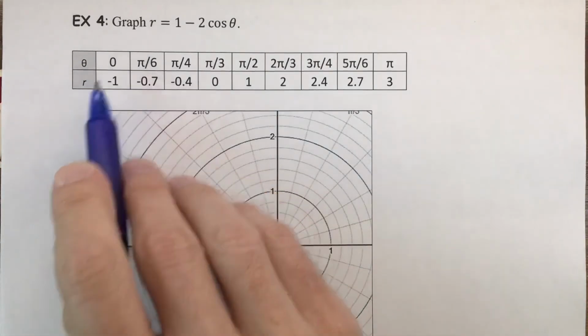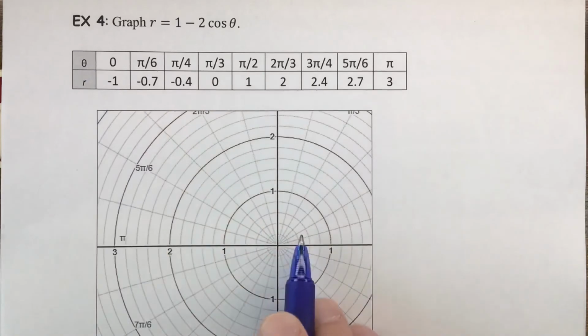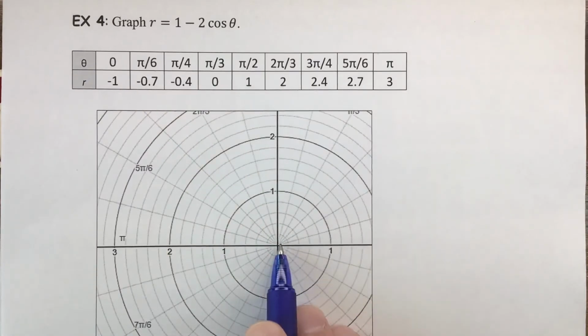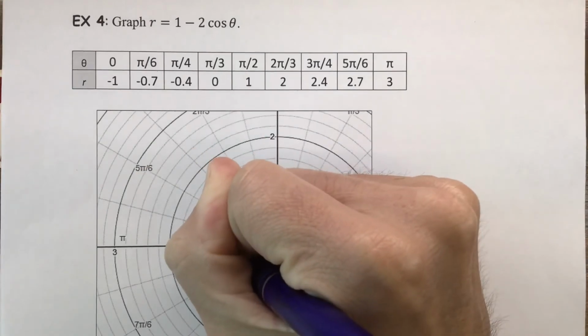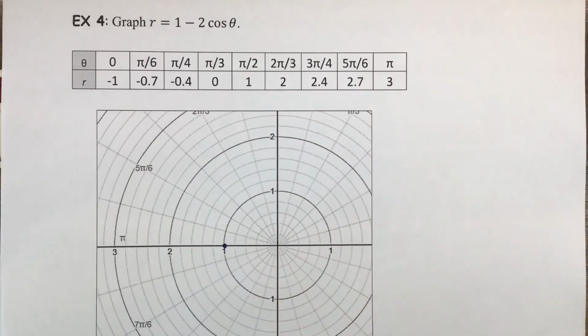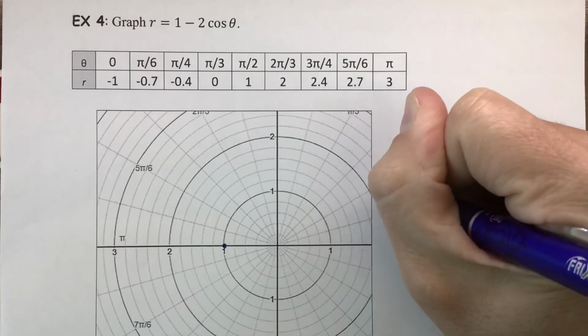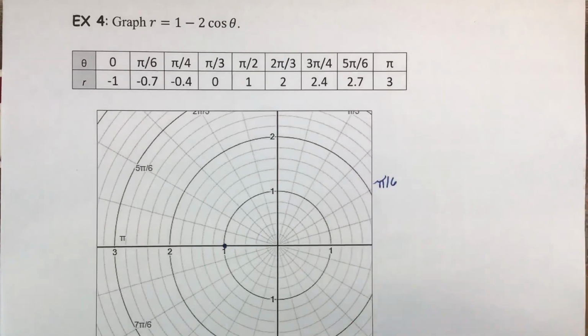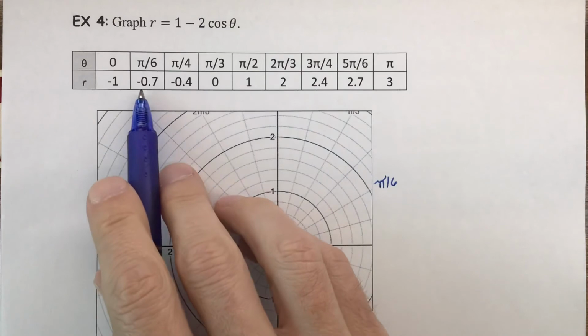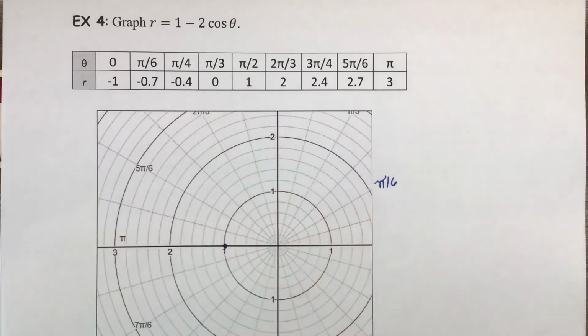When theta is 0, the r value is -1. So we're actually going to go backwards. We're going to start here. That'll be our first point. All right, pi over 6 is right there, and that is going to be at -0.7.